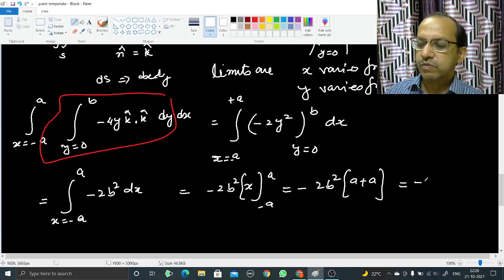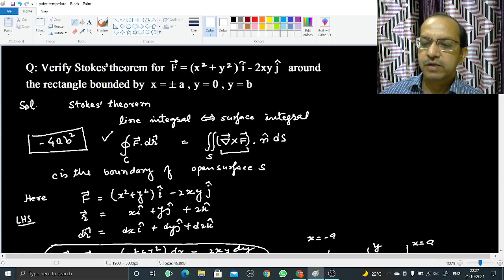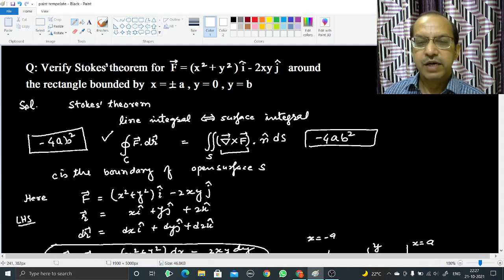So it will be equal to minus of 4ab square, which is the value of the right hand side. So in this way, we have calculated the left hand side, which is minus 4ab square, the line integral, and the surface integral is also equal to minus of 4ab square.